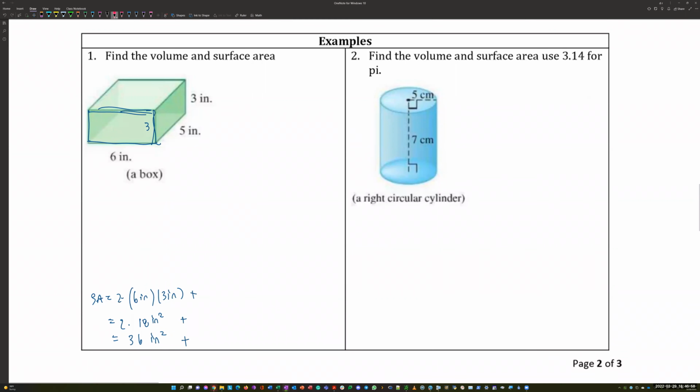And then I would take the one on the side, and I would say this one looks like it's 5 by 3. So this is 2 times 5 inches by 3 inches, which is 2 times 15 inches squared, which is 30 inches squared. And then I would just say there's 2 from the top and the bottom.